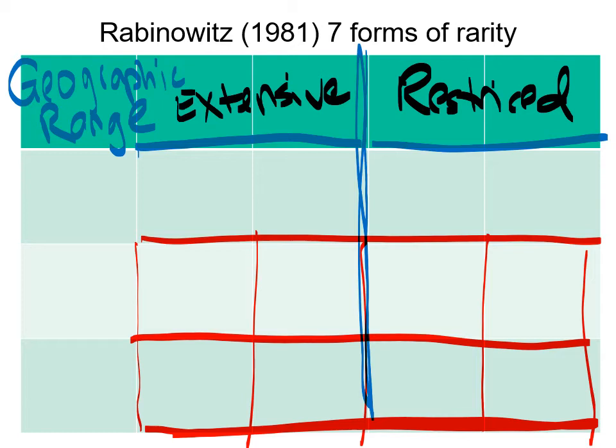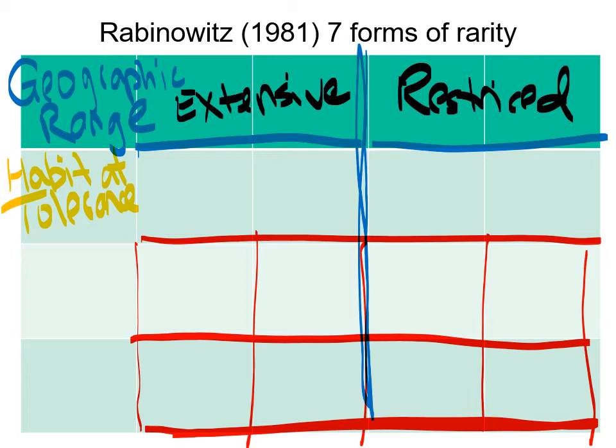And then we're going to look at how many different types of habitats they can tolerate. So that would be their habitat tolerance. So the next row down then, we're going to call habitat tolerance. And we're going to have 2 categories for that. We're going to have the species that can live in a broad range of conditions versus the species that have very specific narrow habitat requirements.